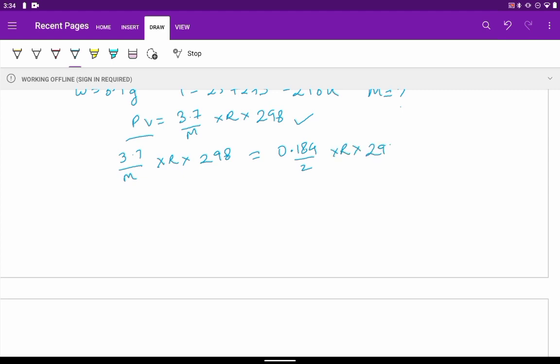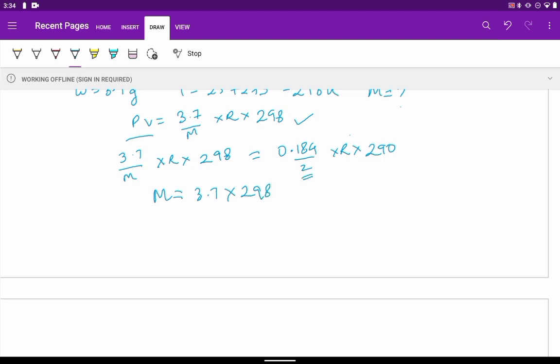R gets cancelled on both the sides. We take M here and bring 0.184 and 290 to the denominator. So we get M equal to 3.7 into 298.